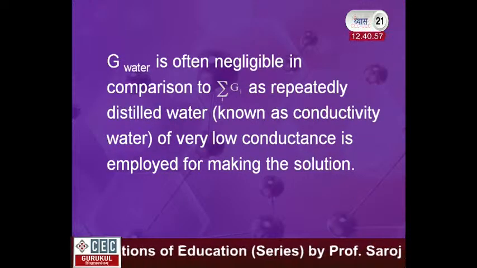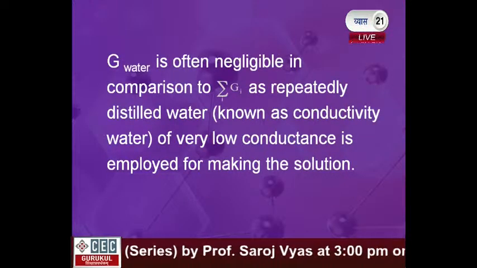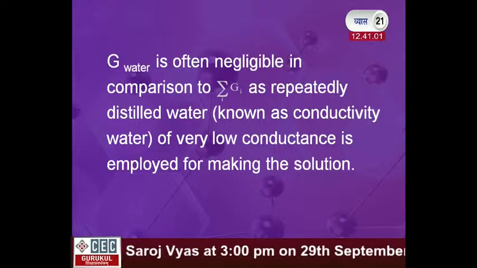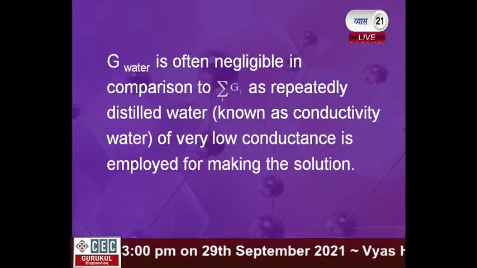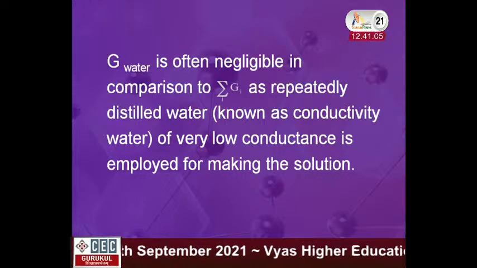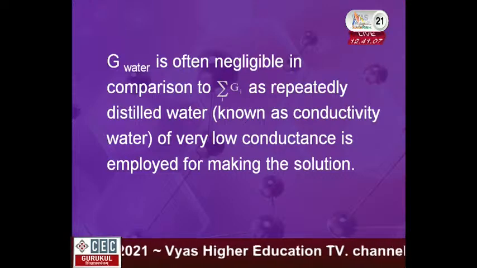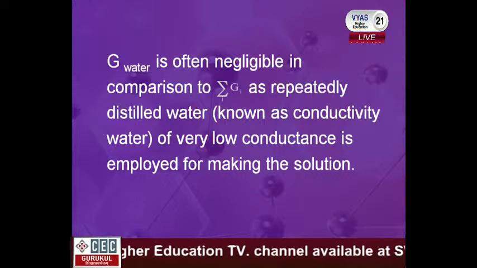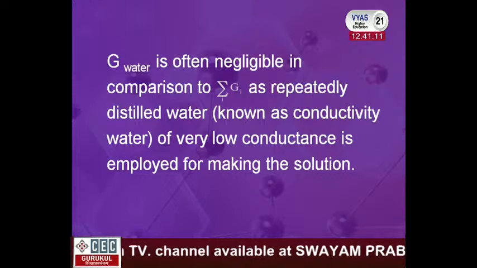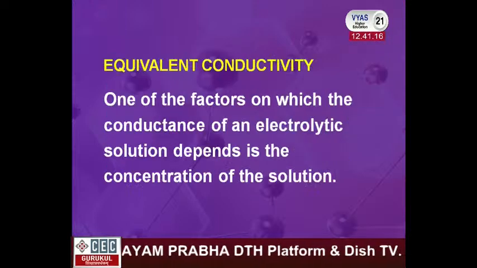G water is often negligible in comparison to the sum of conductances of the electrolytes, as we use conductivity water, which is repeatedly distilled water of very low conductance, for making the solutions.